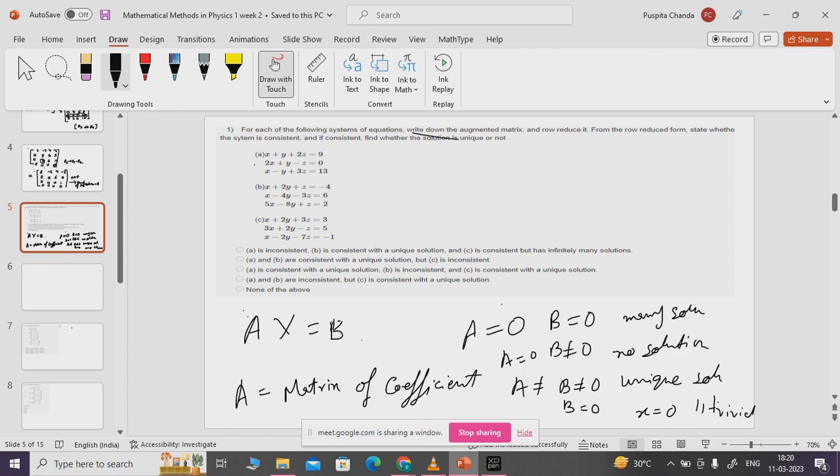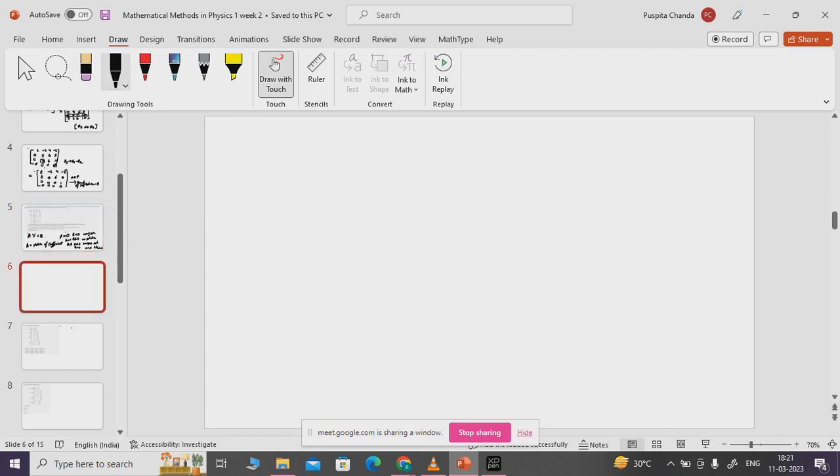First write down the augmented matrix and row reduce it. So start the row reduction.